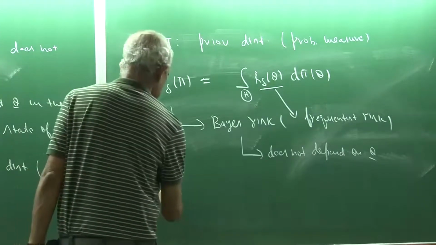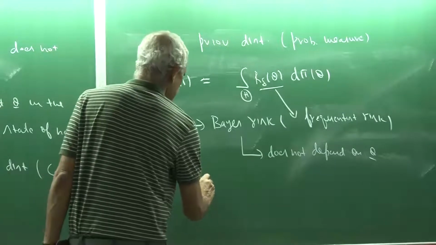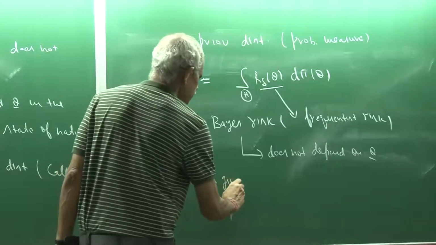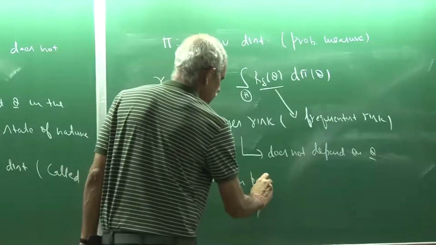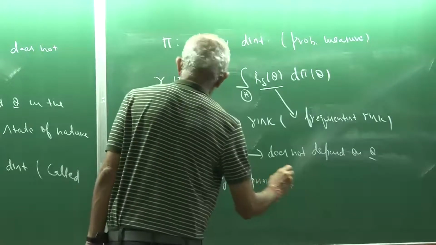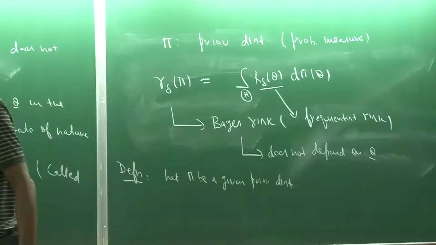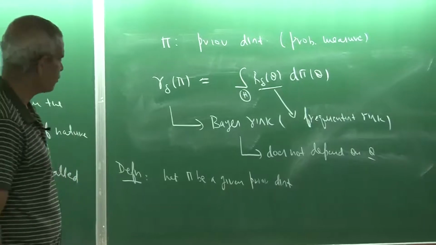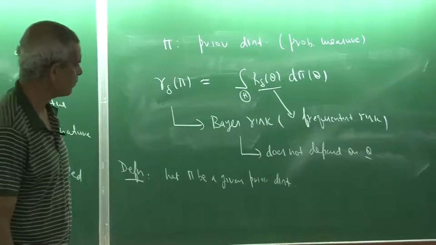Let pi be a given prior distribution. Prior distribution means a distribution about the unknown state of nature.